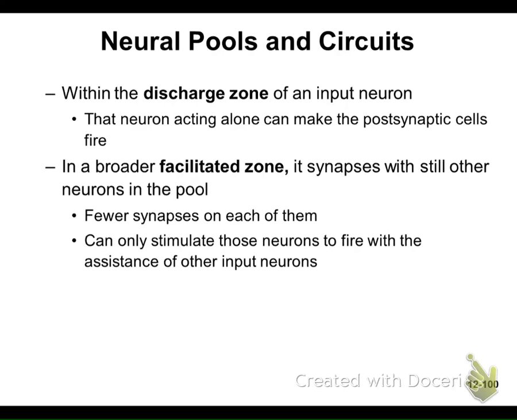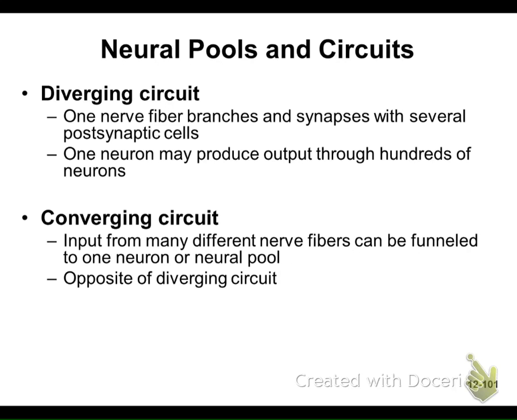Now, these pools can work in zones, bigger zones, smaller zones, and I'm not going to get excited about this. So I'm just going to tell you, put a little gentle X through this. I'm not going to deal with this in any great deal. But I do want you to realize these pools come in different circuitries.